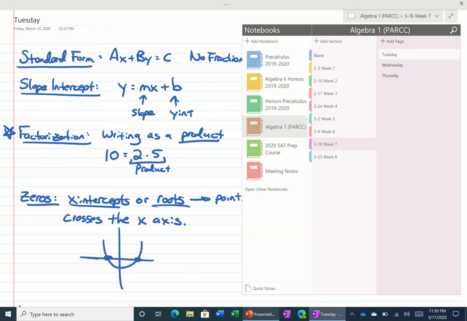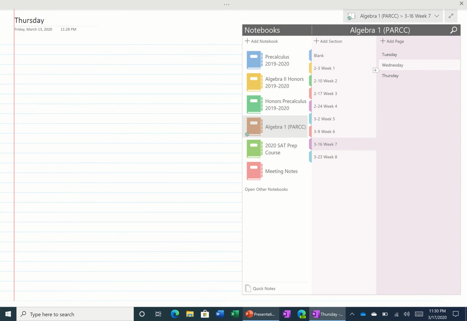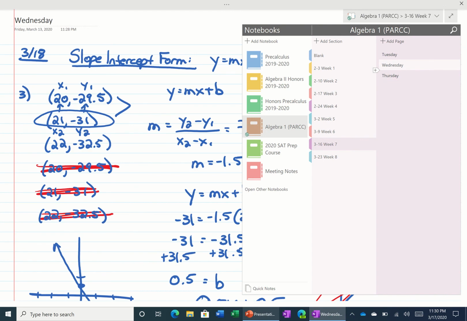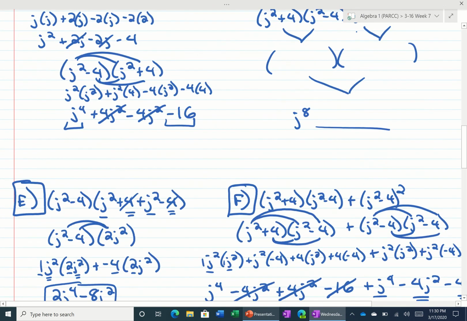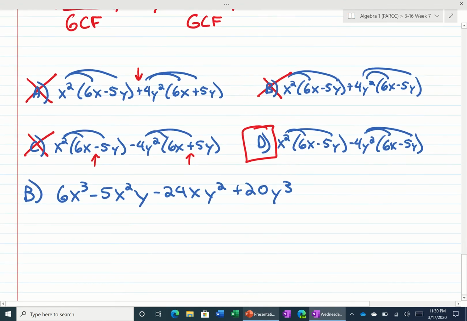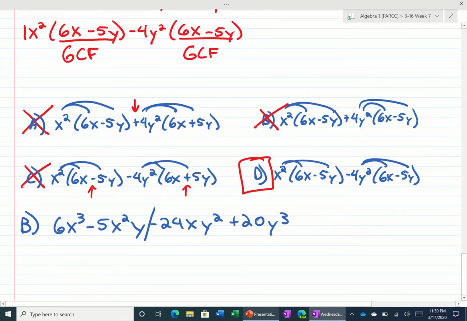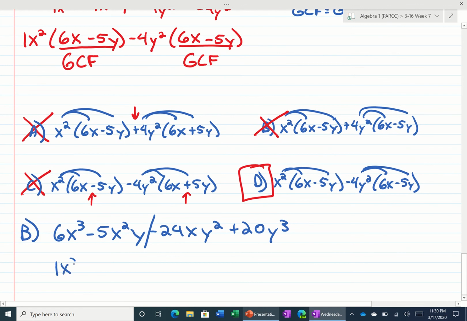So let me show you how it looks for this problem. We already saw that once we factor it by cutting it down the middle, we would get x squared times 6x minus 5y minus 4y to the second times 6x minus 5y.